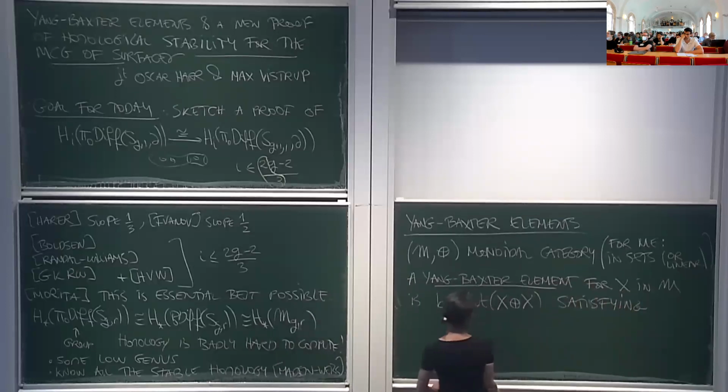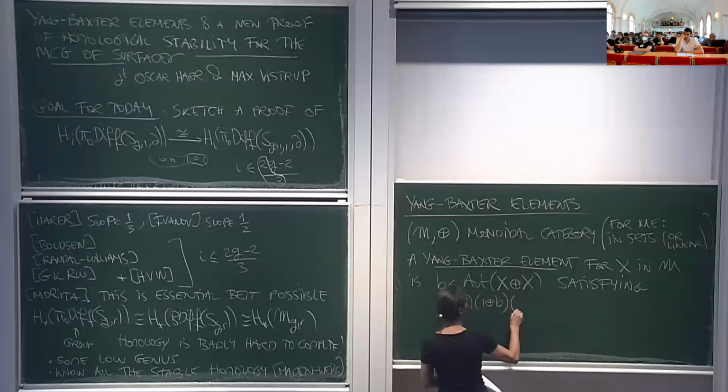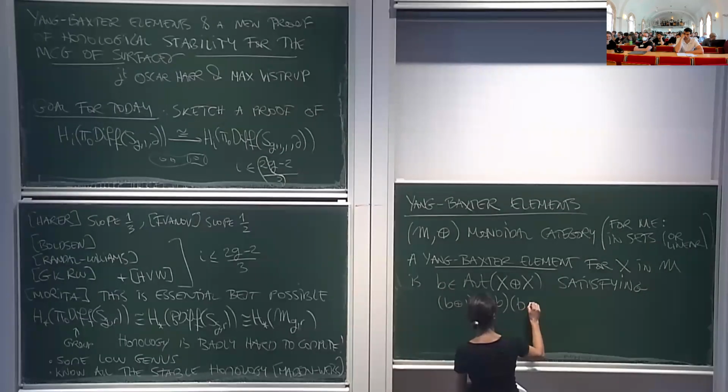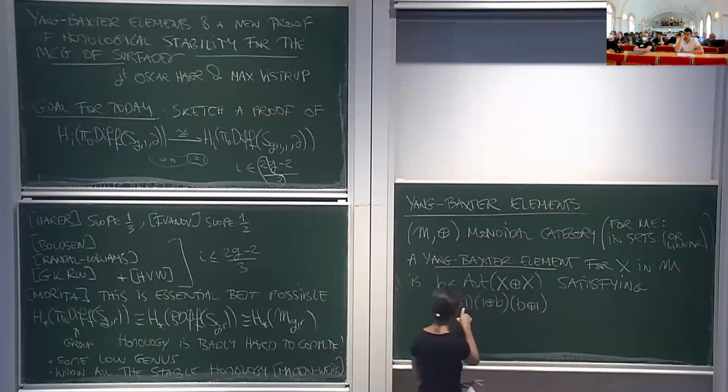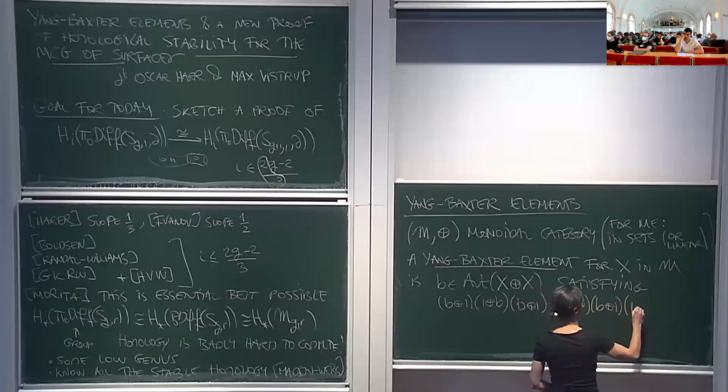The Yang-Baxter equation says (B plus 1), (1 plus B), (B plus 1), where I compose the morphisms and add the identity on X, is equal to (1 plus B), (B plus 1), (1 plus B).